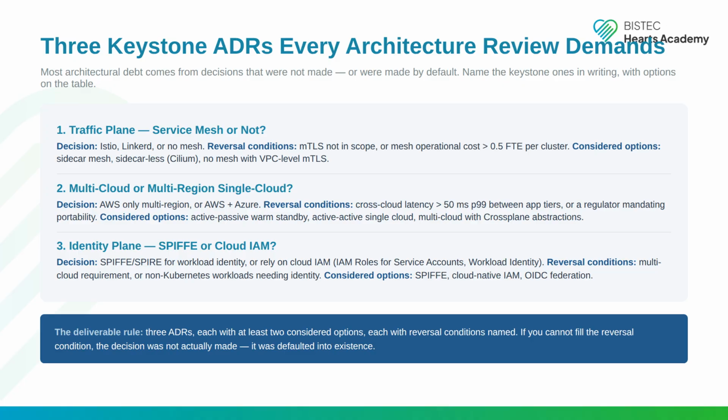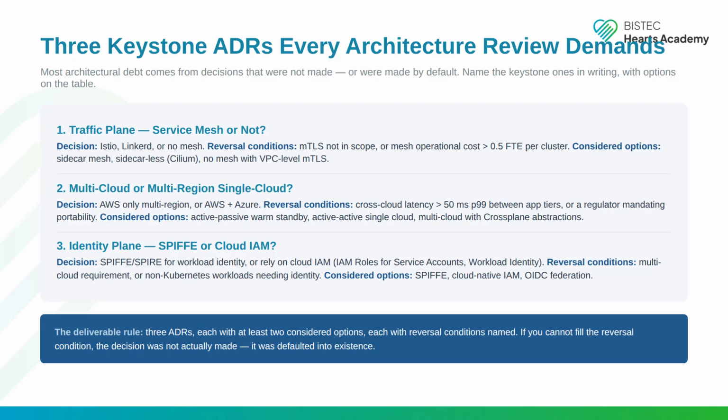The considered options: SPIFFE, cloud-native IAM, OIDC federation. Cloud-native IAM is the right default for single cloud, single runtime. The moment you have multi-cloud or non-Kubernetes workloads, you need SPIFFE.